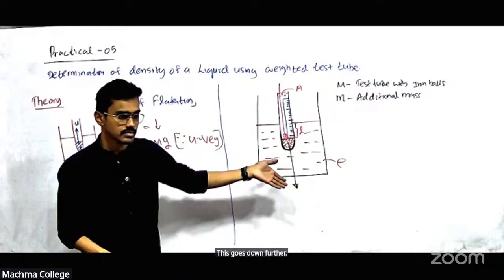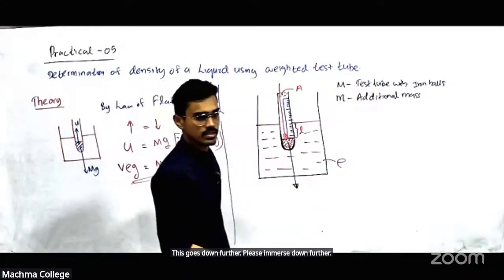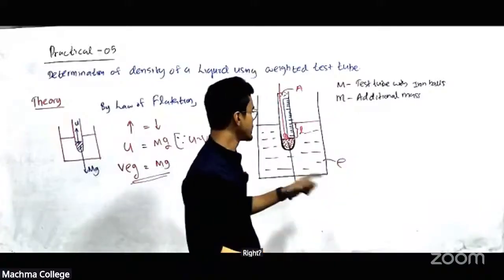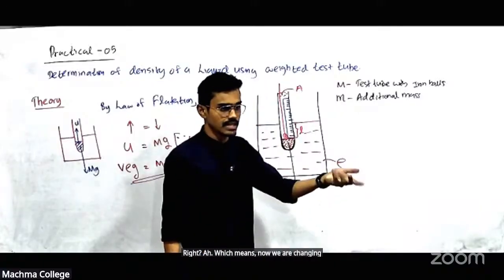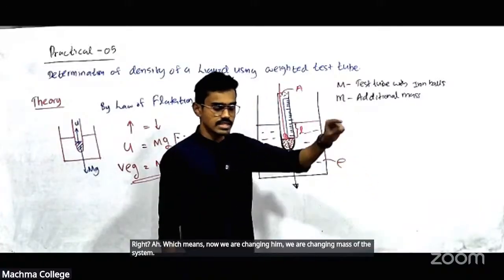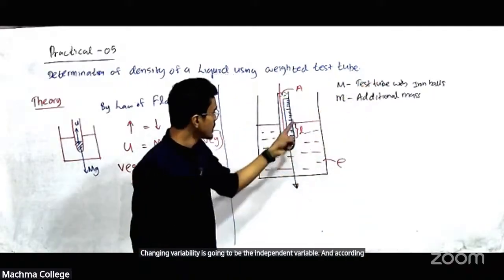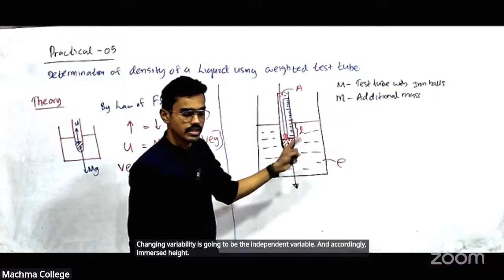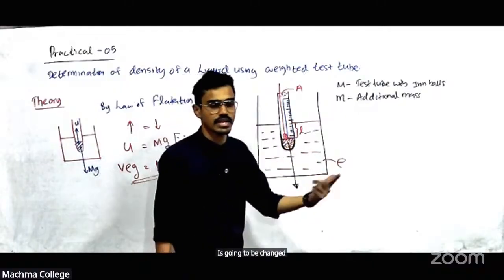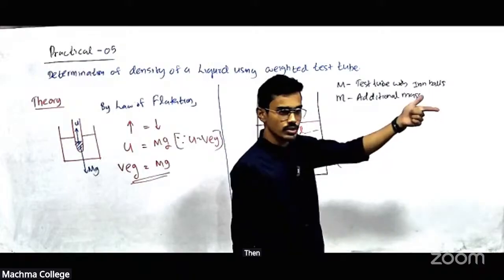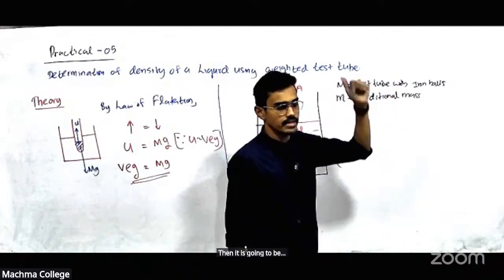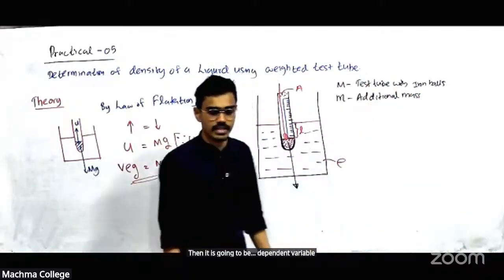This immerses down further. Which means we are changing m, the mass of the system. The changing variable is the independent variable, and accordingly the immersed height is going to change. Then L is going to be the dependent variable.